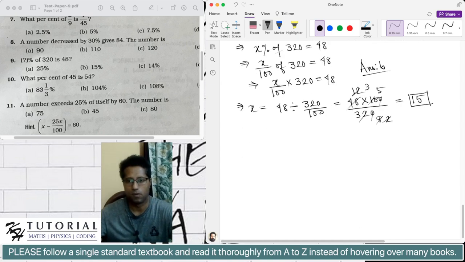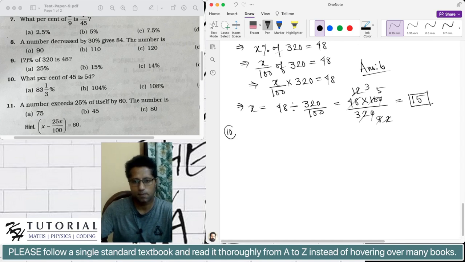Okay, let's do problem number 10. What percent of 45 is 54? So it is a similar question like question number 9. So let X percent of 45 is 54. So mathematically this will be X percent of 45 is equal to 54.